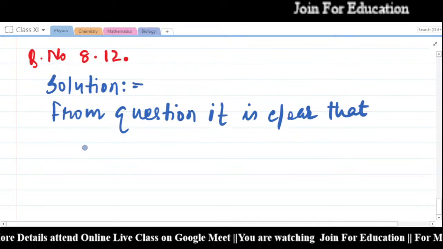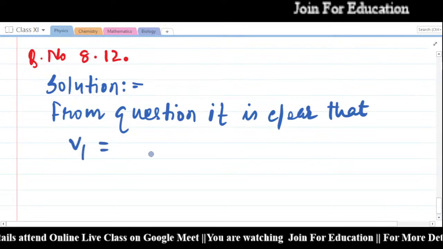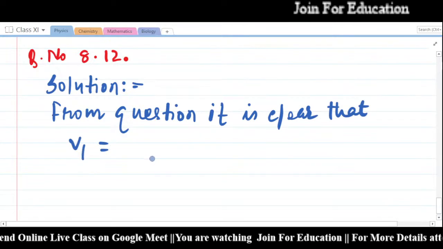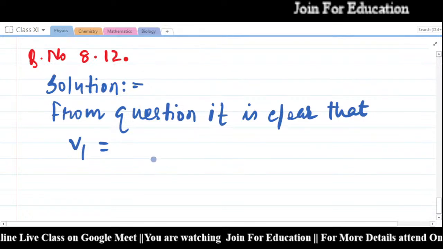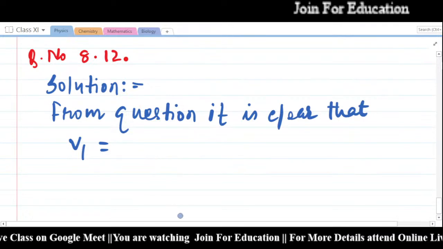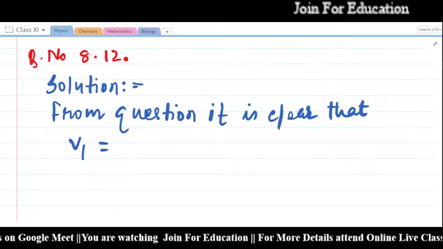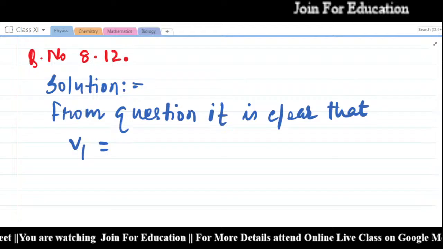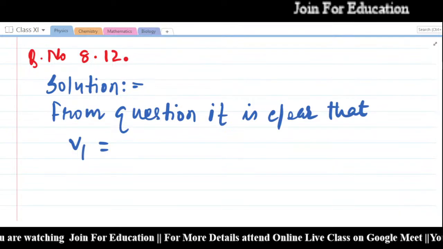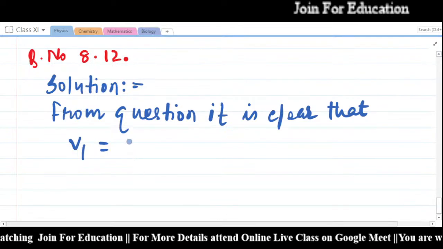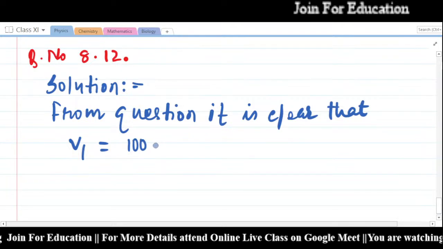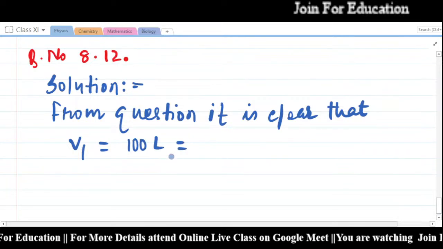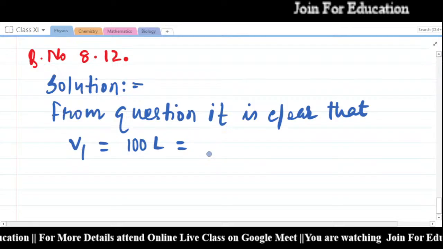So we write down here V1 equal to 100 liter, and we convert this liter into cubic meter.